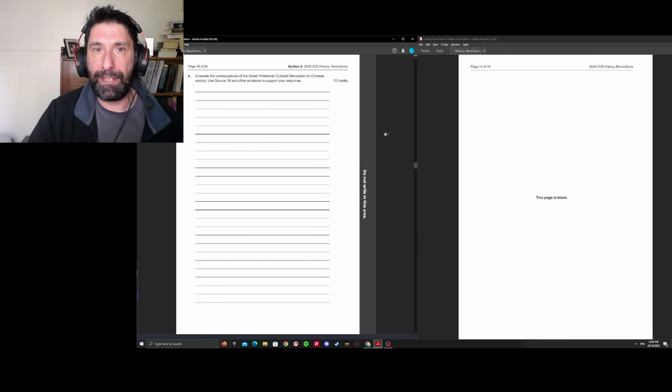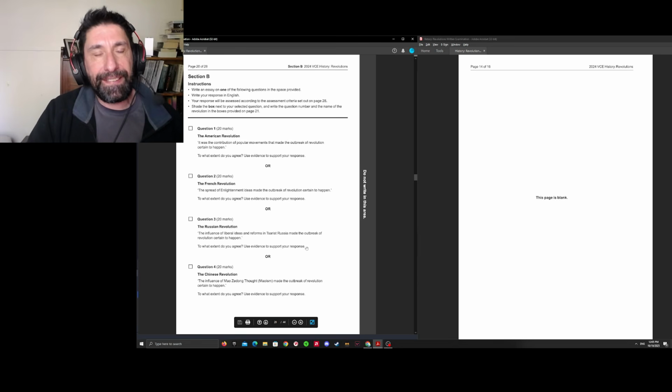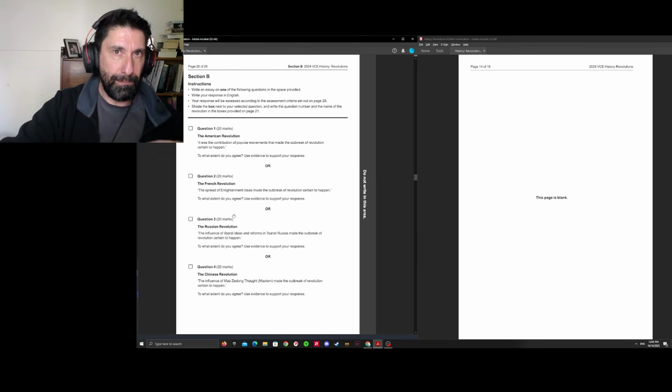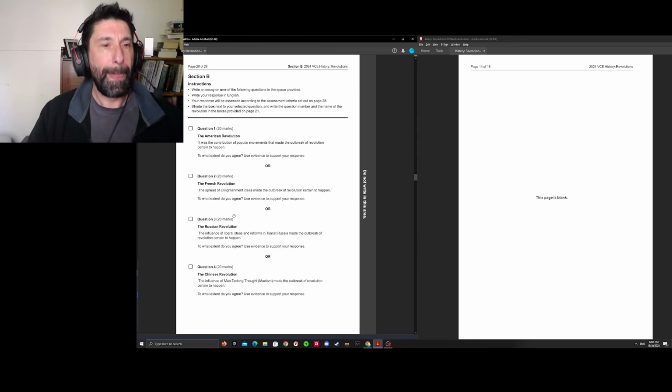I'm going to move over here. All right, here's the essay section. This is where the exam opens up a bit, and you can write about either your first revolution or your second revolution. These essays can ask you to write just about area of study 1 or area of study 2 or both.